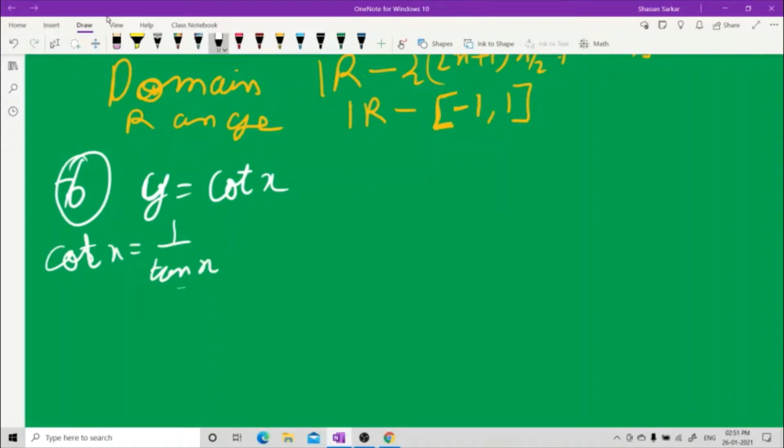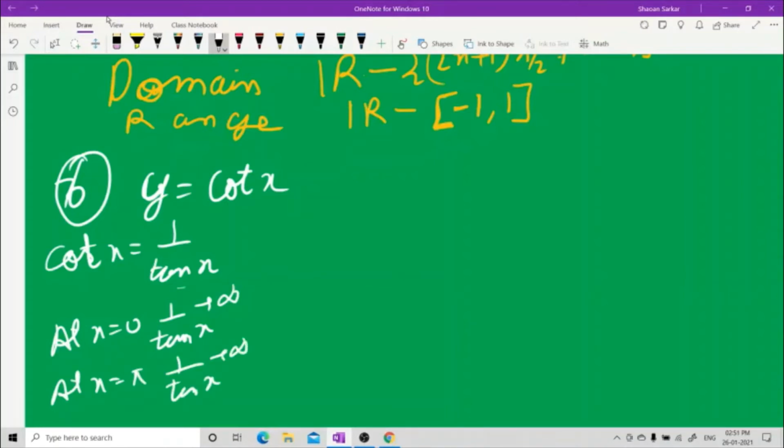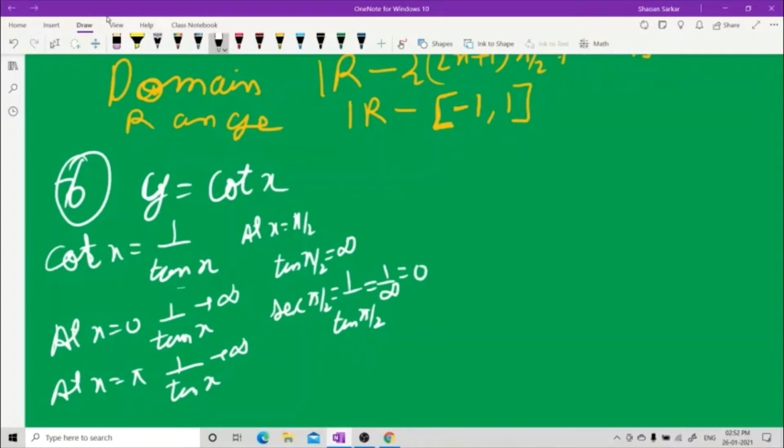There is a problem at x equal to 0 because 1 upon tan x would go to infinity. At x equal to pi, tan x is 0, so cot goes to infinity. But at pi by 2, don't confuse, tan pi by 2 is infinity and cot pi by 2 is 1 upon tan pi by 2, so this is 1 upon infinity, which is 0. So no problem there.